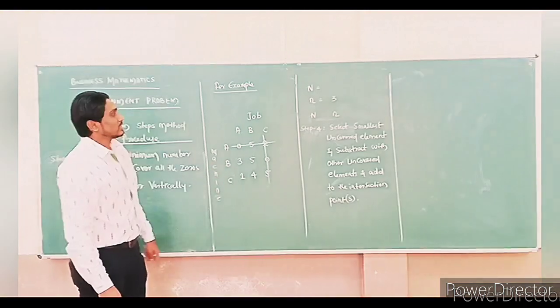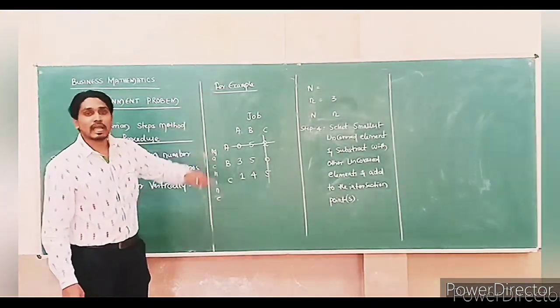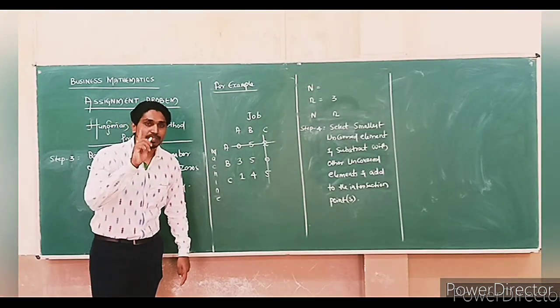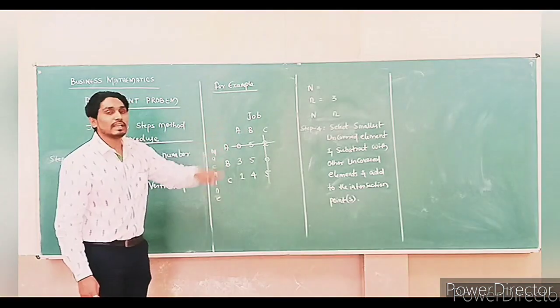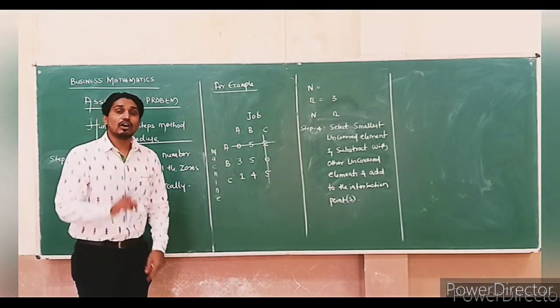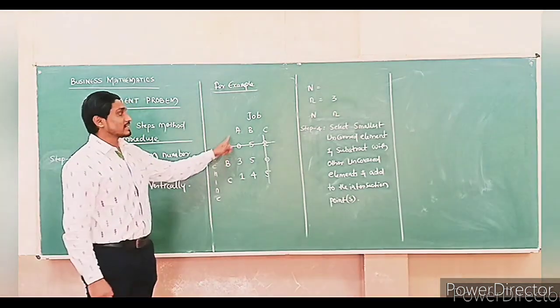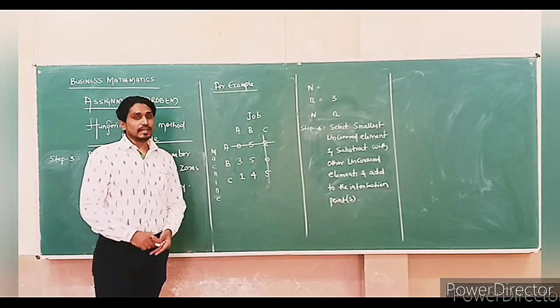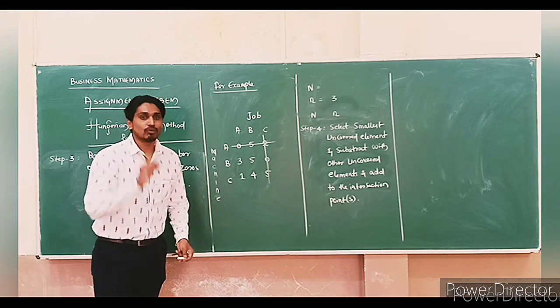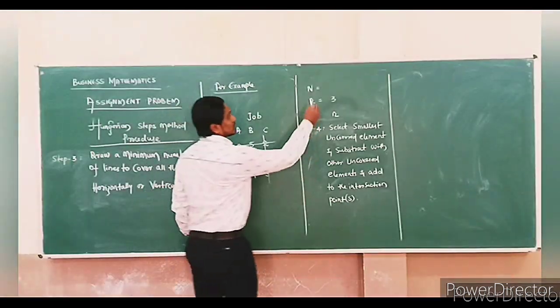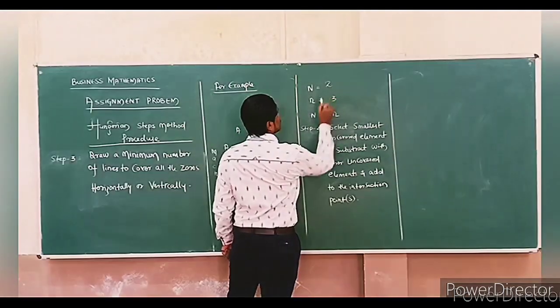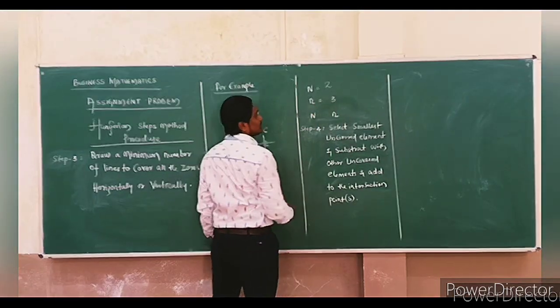Only 2 lines. So, capital N means number of lines drawn, and small n is denoted by order of the matrix. Our order of matrix is 3 into 3. It means small n equals to 3. Number of lines drawn is 2. So capital N equals to 2, small n equals to 3.